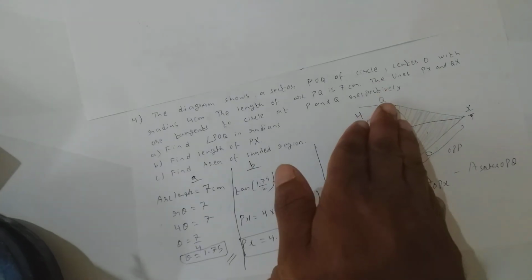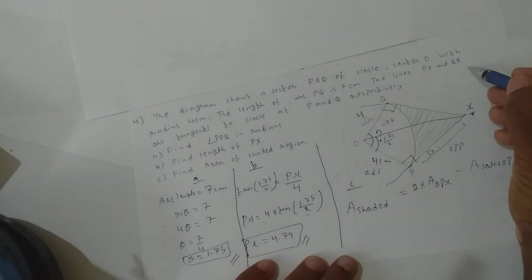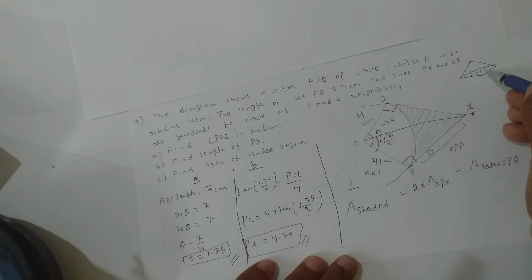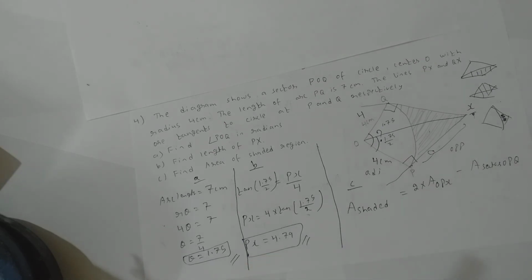From that, if I remove this sector, I get my shaded region. Did you understand? This triangle area I can find. Into 2 will give me the entire quadrilateral. From that, if I remove this sector, this area will be left out. That is what we need to find out, shaded region.